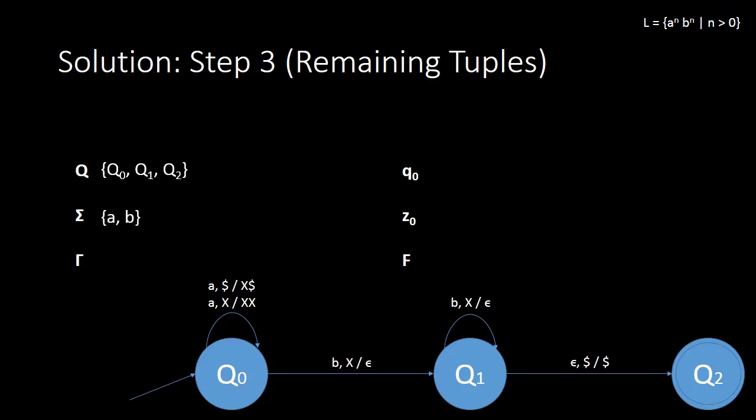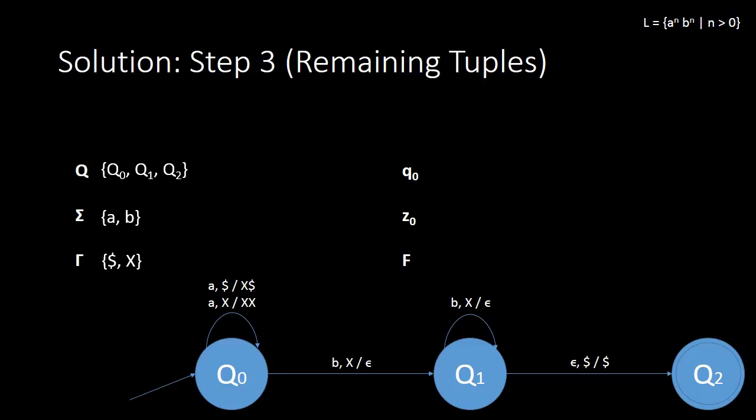Gamma is the set of stack symbols. Stack symbols are the symbols present on the stack. We know that we push and pop X, so X has to be a stack symbol, and also the dollar sign, which signifies the bottom of the stack or the empty stack, is also a stack symbol. So the stack symbols are dollar and X. Q0 is the start state.